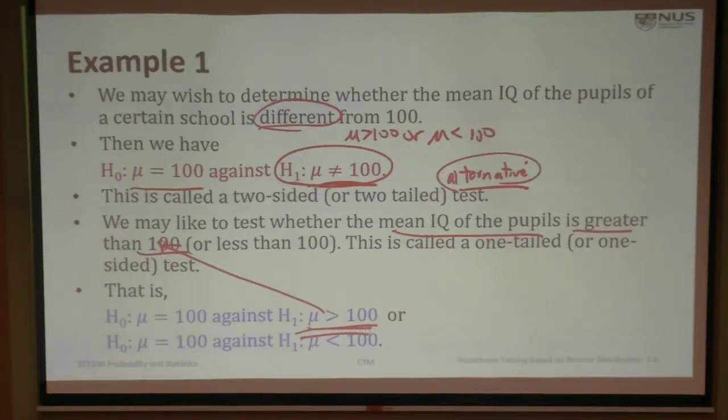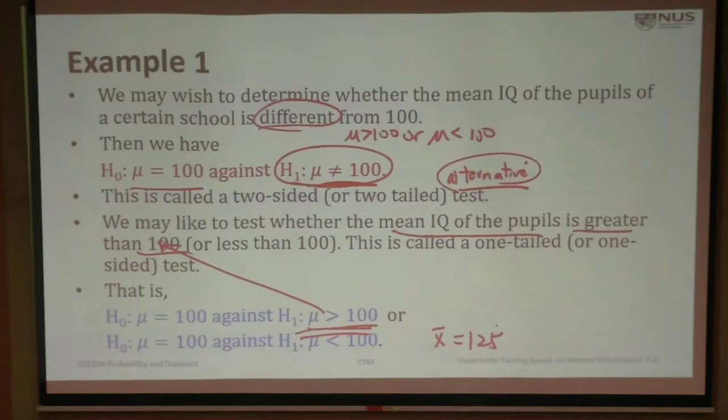Sometimes it's important that you set up the right alternative. So for example, it turns out that maybe the average IQ for a sample from this school has X bar equal to, let's say, very high, say 125.